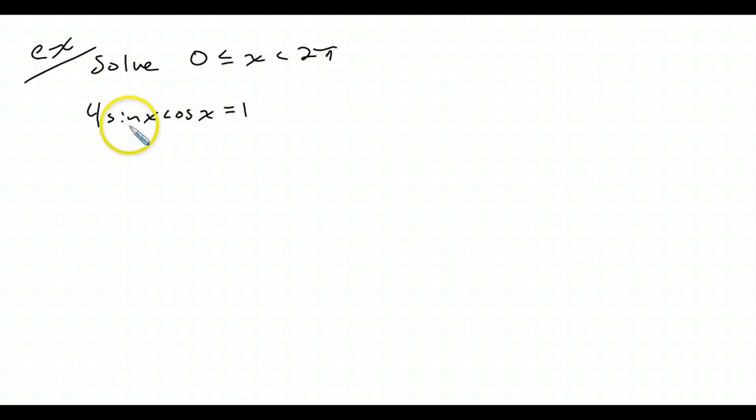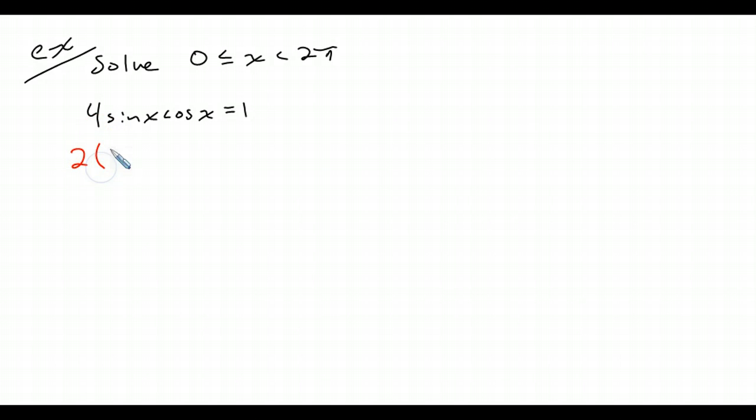With this, I have sine x and cosine x multiplied together, so I can't really factor anything out. What I can do is use the trig identity 2 sine x cosine x is sine of 2x. That would get it down to one trig function, which would be really cool.